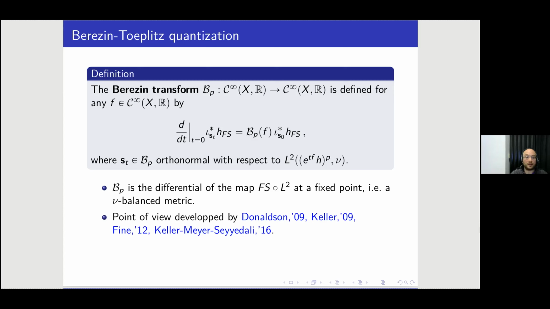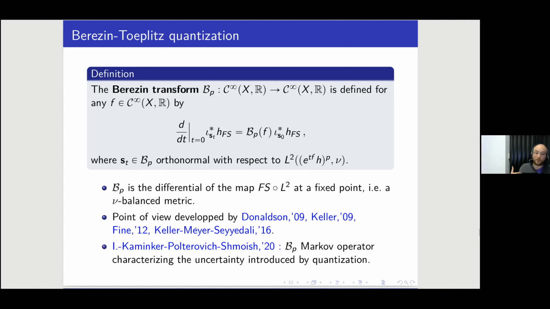So I want to point out here that this point of view of this map and looking at its differential, not in this language, but this point of view, has been developed by Donaldson, but also following then Kähler, but also Fine, and then in the case of vector bundles, Kähler, Meyer, and Seyed Ali.